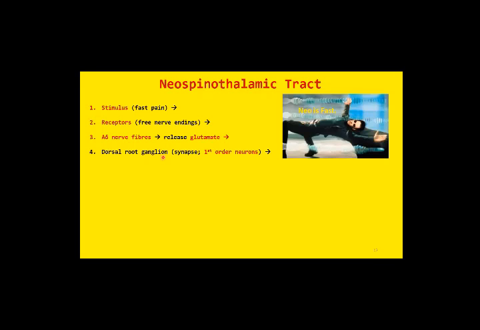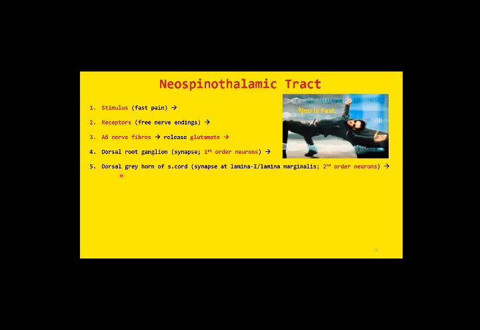Any neuron arising from the DRG is labeled as a first order neuron. Then this signal is transmitted to the dorsal gray horn of the spinal cord. And here it makes a second synapse at the lamina marginalis or lamina 1.